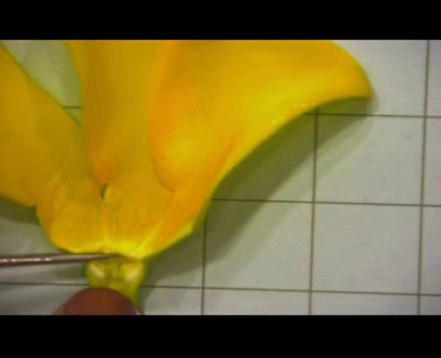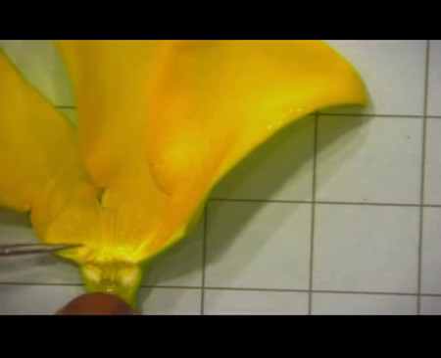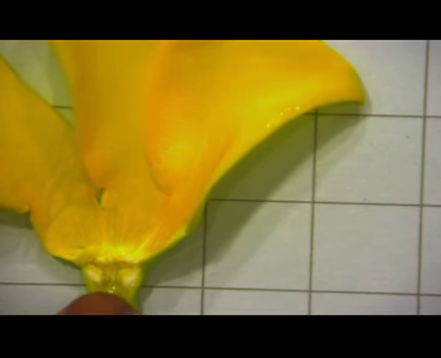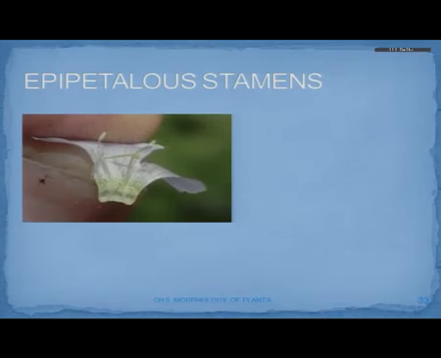Now, these are the stamens bearing the anthers. Okay, let us move on. So, this was all about different types of stamens. I will also show you some pictures of epipetalous stamens. You have just seen stamens growing on the petals.